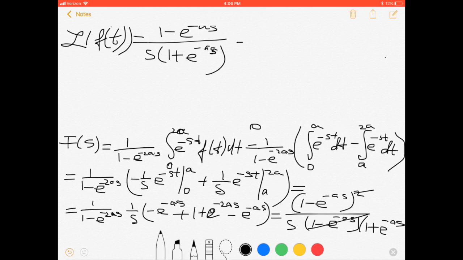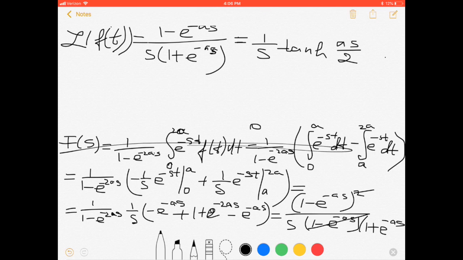Okay, if you want, you can play a little with the power and rewrite this function as 1 over s times the hyperbolic tangent of as over 2. Who remembers the definition of the hyperbolic function?